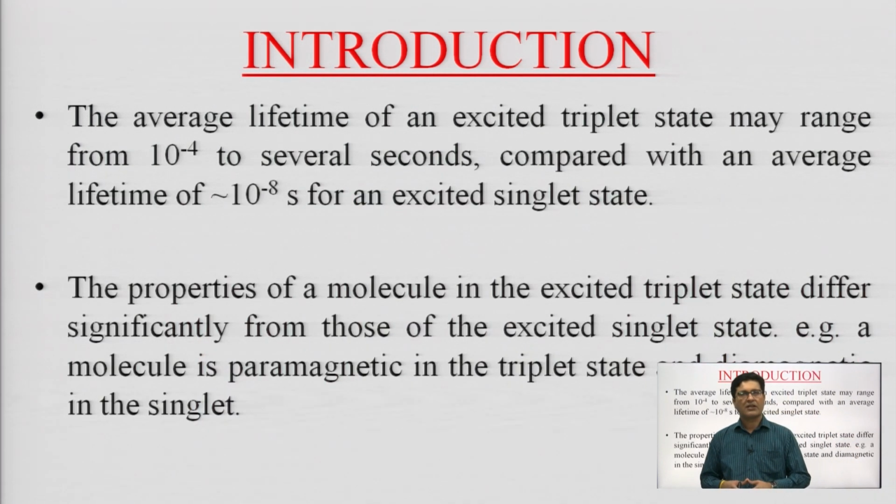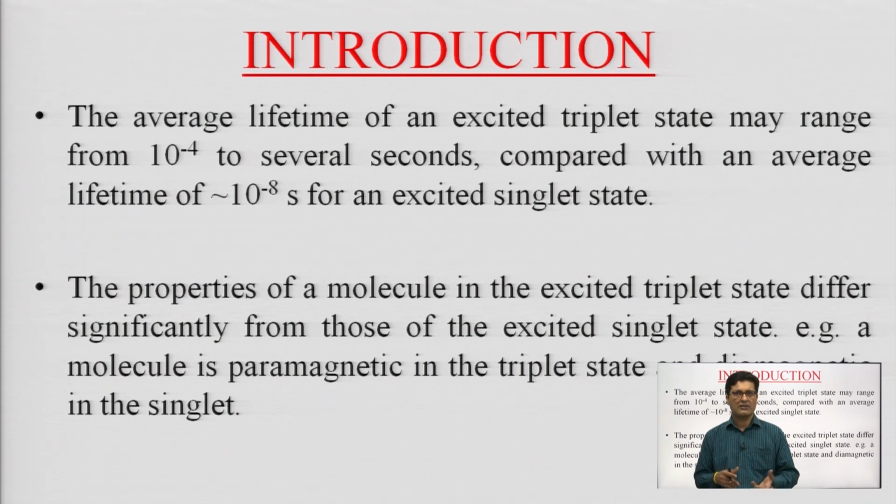Generally, the average lifetime of any excited triplet state can be from 10 to the power minus 4 seconds to a few more seconds, compared to the average lifetime of the excited singlet state, which is approximately 10 to the power minus 8.